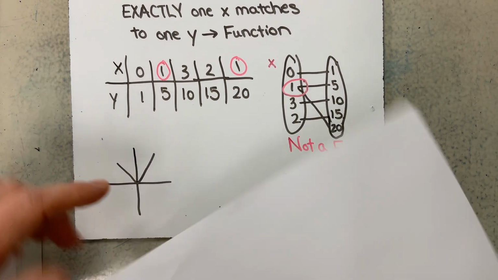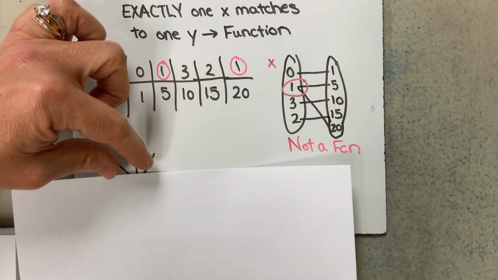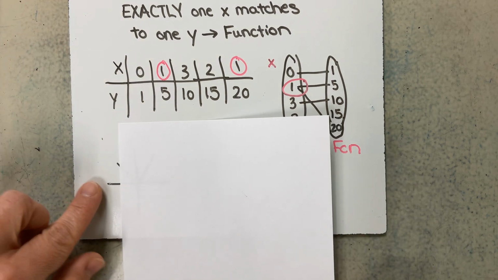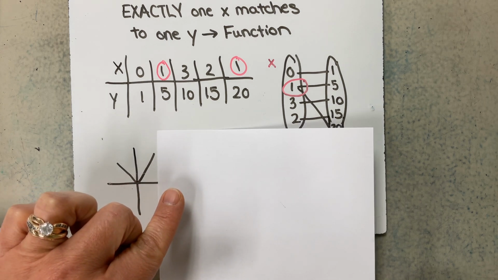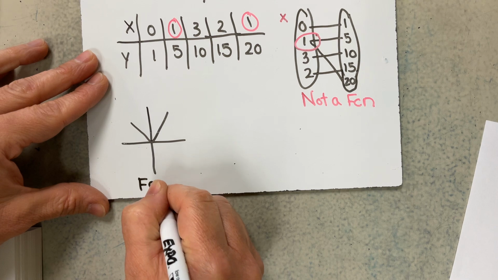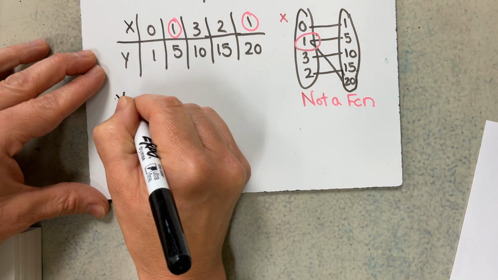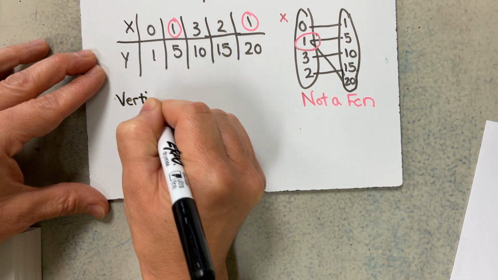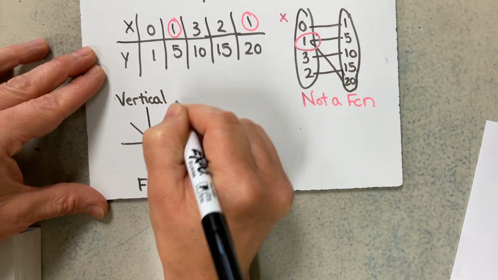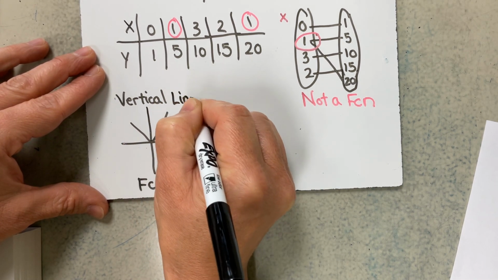So my paper didn't touch 2 spots, right? This would touch 2 spots, but we're doing the vertical line test. When I use the vertical line test, this is a function. And I know that because I used my vertical line test and it didn't touch 2 places at once. So vertical line test.